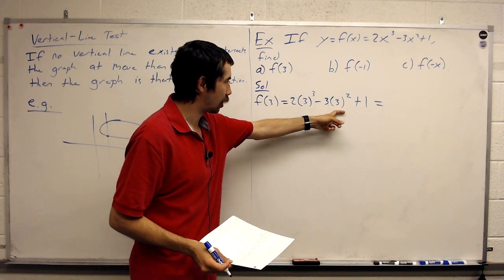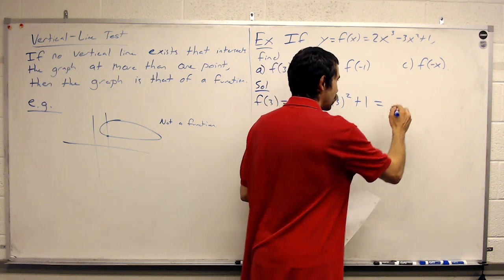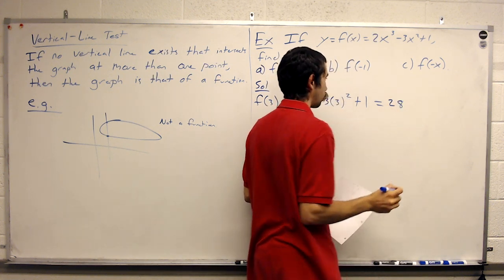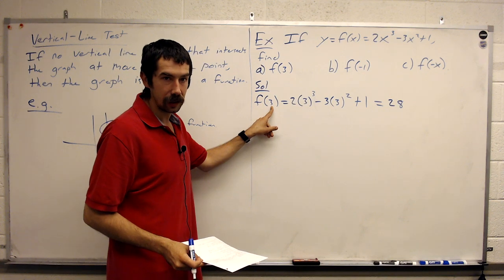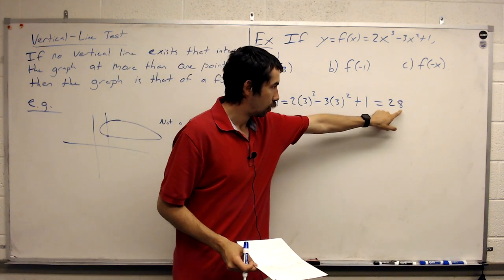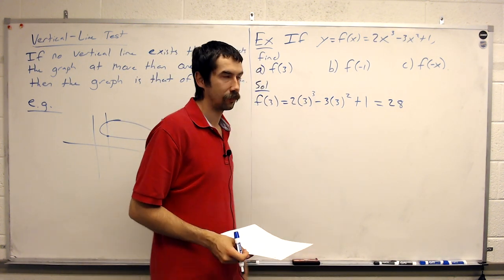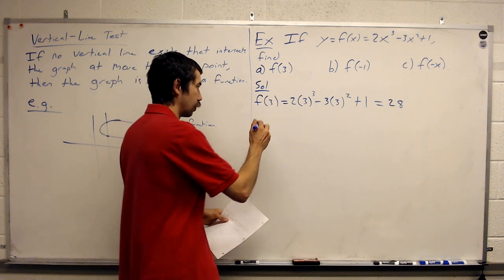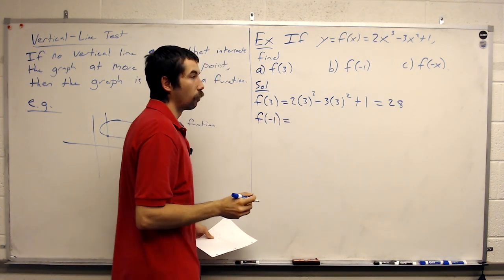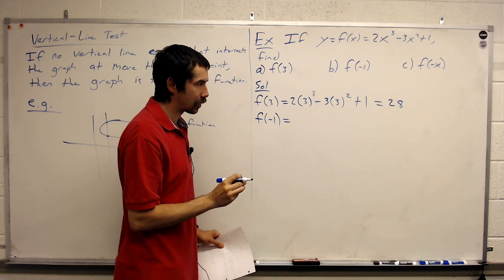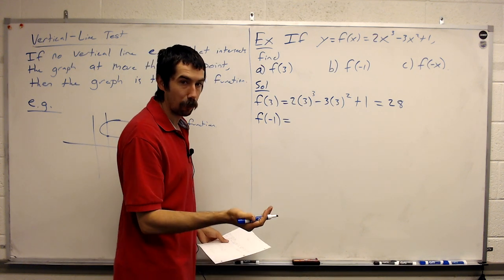So 54 minus 27 plus 1 is 28. So this is saying when x equals 3, y is 28. All right, what about f(-1)? Well, it's the same idea. Wherever we see an x, replace it with -1.